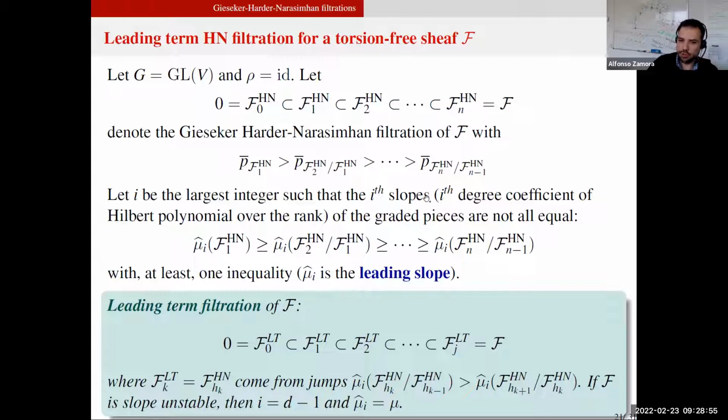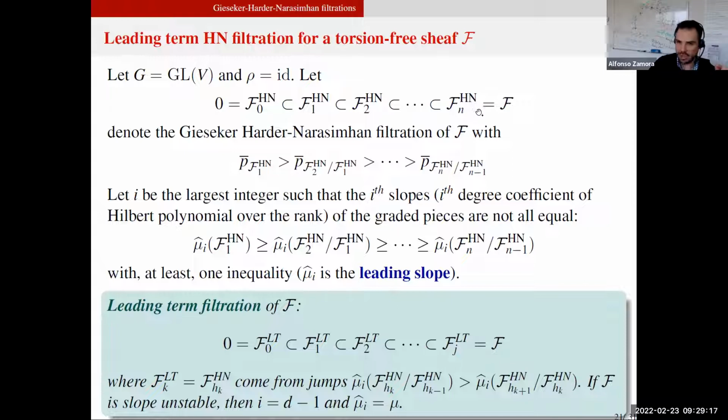We choose that degree to be the highest possible, such that in this sequence of slopes we find at least one inequality. So this means that if the original object is slope unstable, then it is sure that we can find at least one inequality at the highest possible slope.